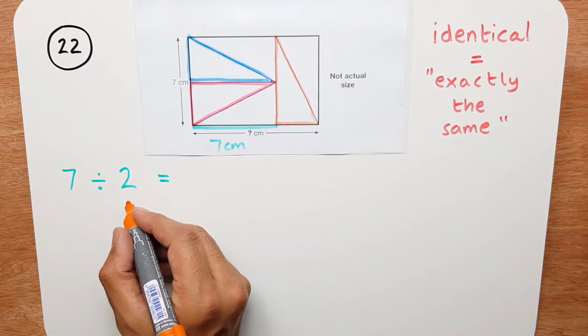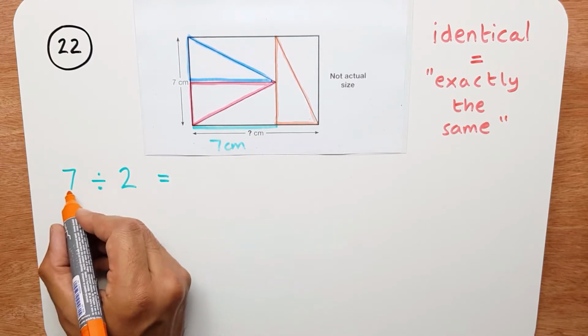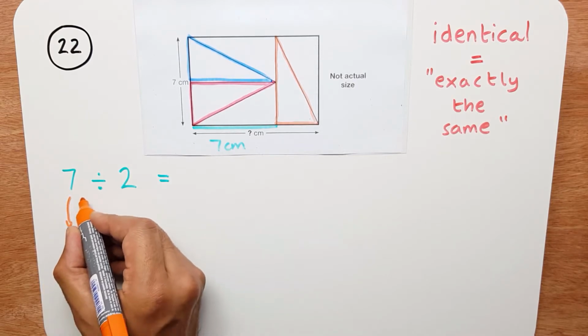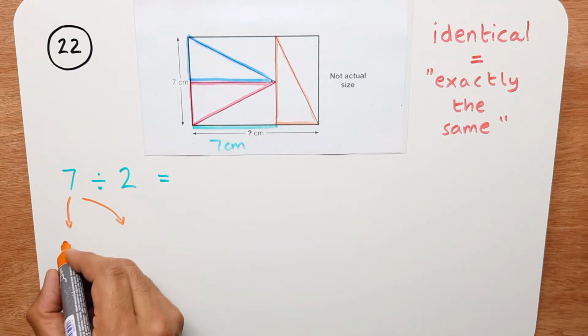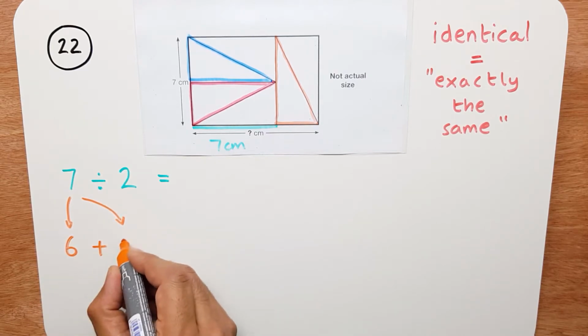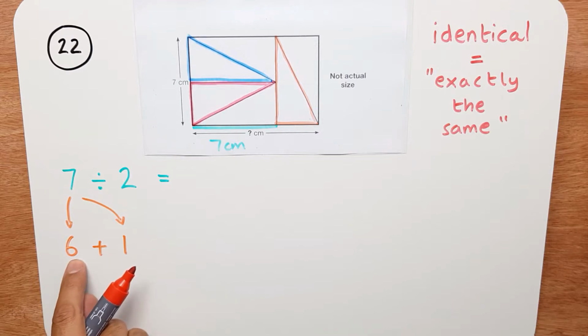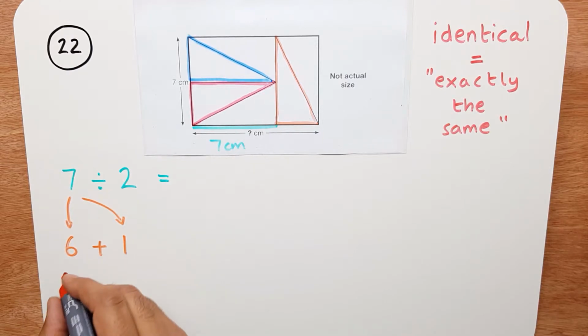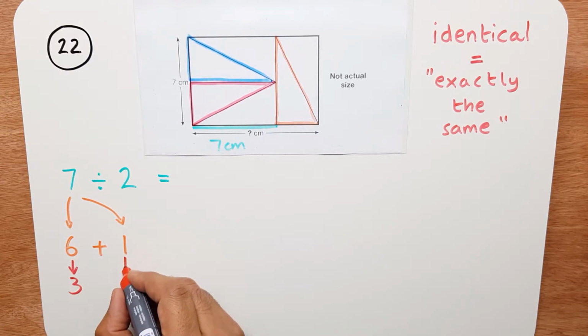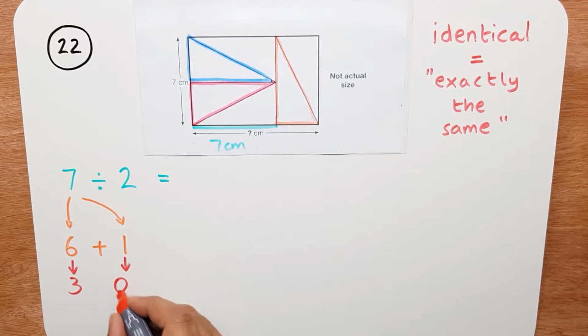I can use a bus shelter, or I can split 7 up, or partition it into 6 plus 1. Now I know half of 6 is 3, and I know half of 1 is 0.5. So I simply need to add these two.